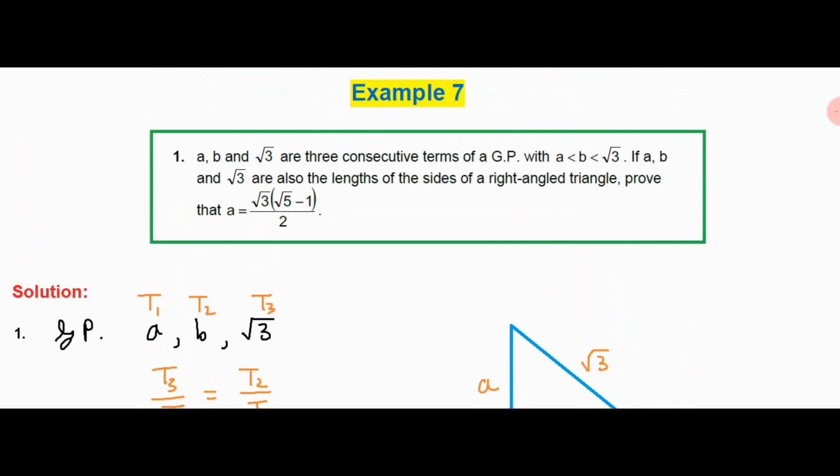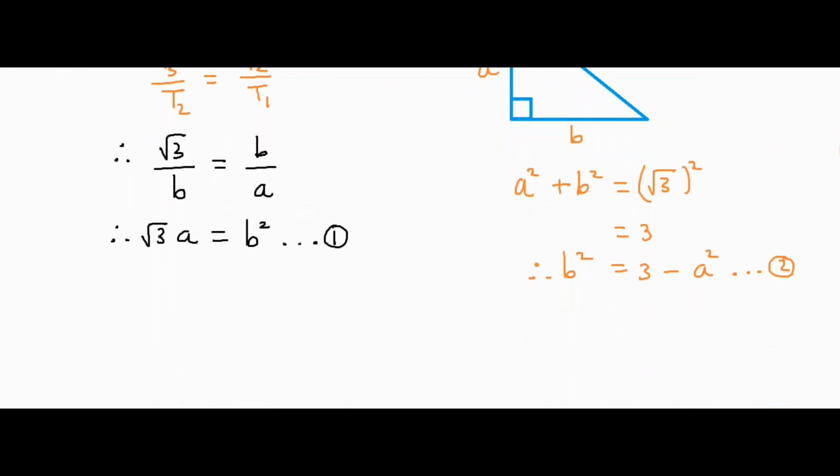Now if you look at what we need to prove, we see that there's no b in this equation. In other words, we need to eliminate b, and we can do this by substituting equation 2 into equation 1. So substitute equation 2 into equation 1.